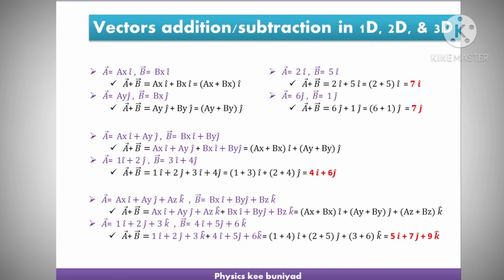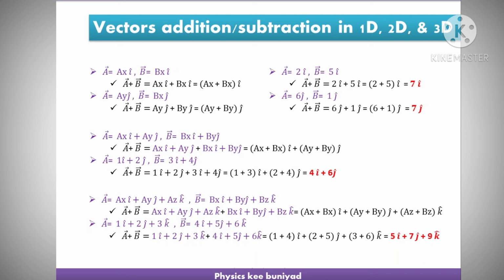So a plus b equal to 1 i cap plus 2 j cap plus 3 k cap, similarly for vector b, 4 i cap plus 5 j cap plus 6 k cap. Now if we take the common i cap, j cap and k cap in the different terms, then we will get 1 plus 4 i cap, similarly plus 2 plus 5 j cap, 3 plus 6 k cap. It will give you 5 i cap plus 7 j cap and plus 9 k cap.